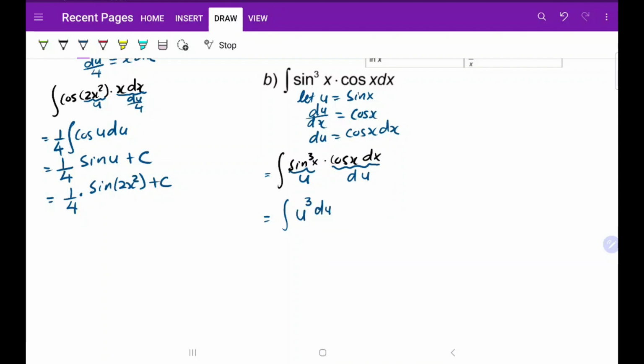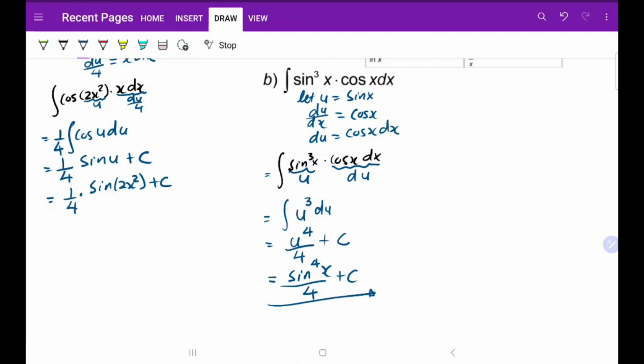Then we can easily find the integral using the rule for integration: you add 1 to the power, you divide by that new number, plus the constant of integration, and then simply substitute back what u is. Remember that u is sine of x, so we get sine x to the 4 divided by 4, plus c, and that is the correct solution for this integral.